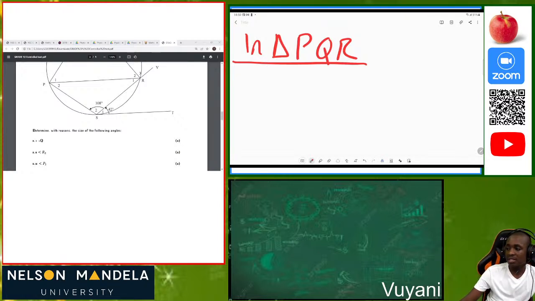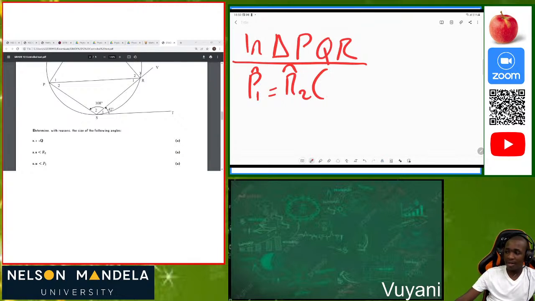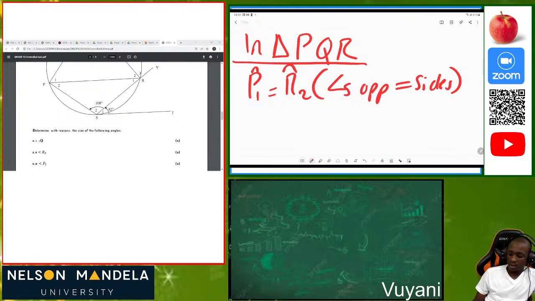So since they are equivalent to each other, angle P1 is equal to angle R2. What's the reason why they are equal? This is an isosceles triangle, because angles opposite equal sides. These angles are opposite to each other and they have equal sides.